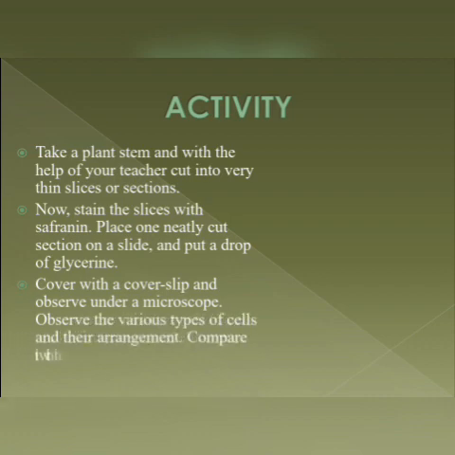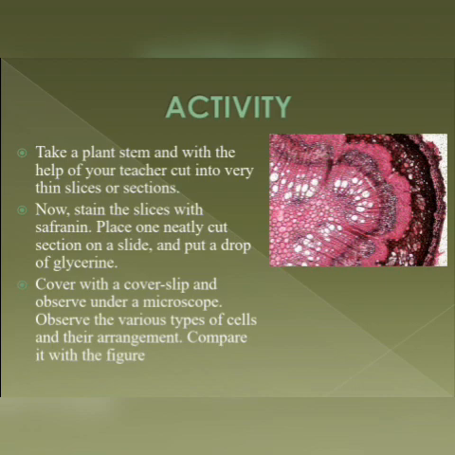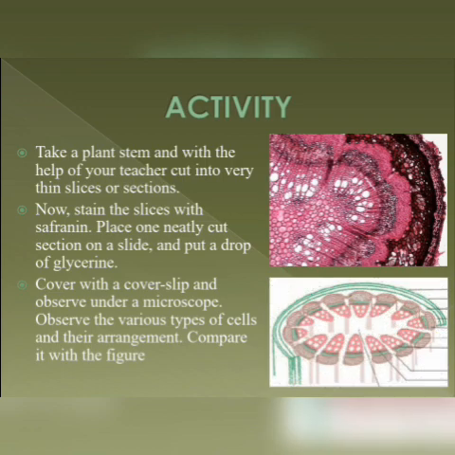We have to observe various types of cells and their arrangements, and we can see under the microscope figures like this. This one shows a schematic diagram or representation of the above figure.